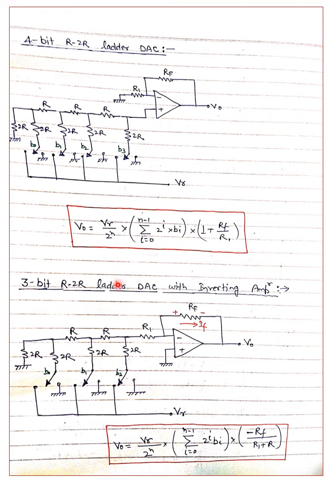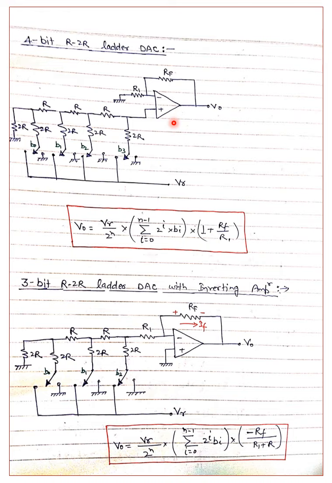Similarly, when we solve, we get V output equal to VR upon 2 raised to power n, into the summation of 2 raised to power i into Bi, into (1 plus Rf by R1). So you can see that the final output is VR upon 2 raised to power n, meaning the resolution, into the decimal equivalent of this 4-bit binary number whose MSB is B3 and LSB is B0, into the gain of this non-inverting amplifier.